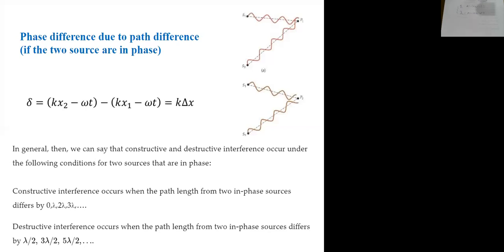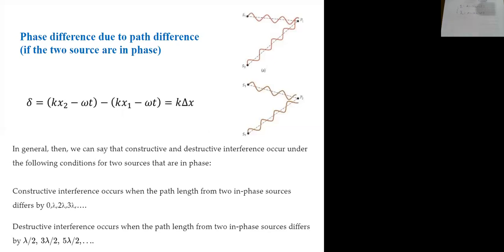So in this scenario, the difference in their phases would be due to the difference in their paths: k times delta x. Omega t can cancel out. Now delta x would be x2 minus x1, the difference in path of the two waves.